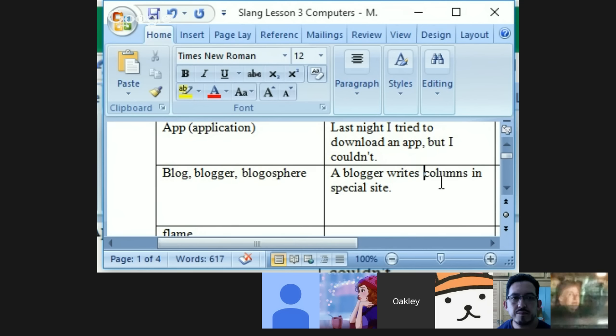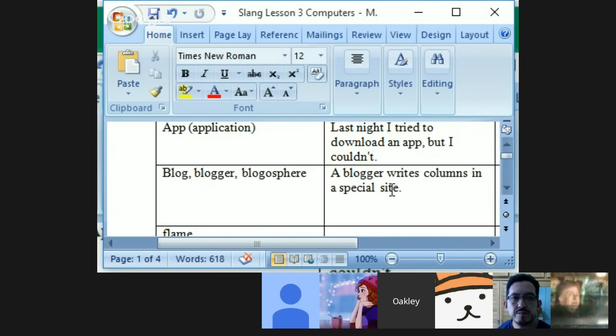Notice when you are talking in general columns here, you use the plural columns. That is correct. Very good. You could say writes a column, or you can write columns when you're using it as an object noun, plural for countable nouns. Okay, and again, in a special site. Yes.